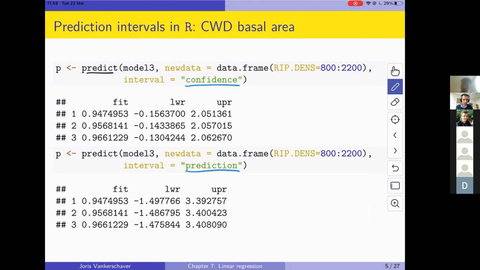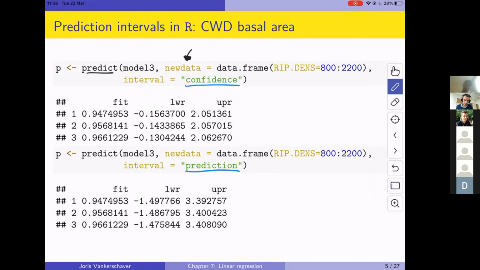Well, you have to specify what data you want to get predictions on via the newdata argument here. I think I already mentioned this when we did simple linear regression, the syntax is a bit awkward. You have to specify a data frame of values that you want predictions on.